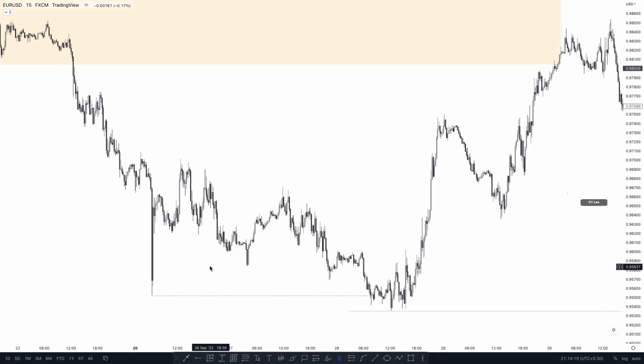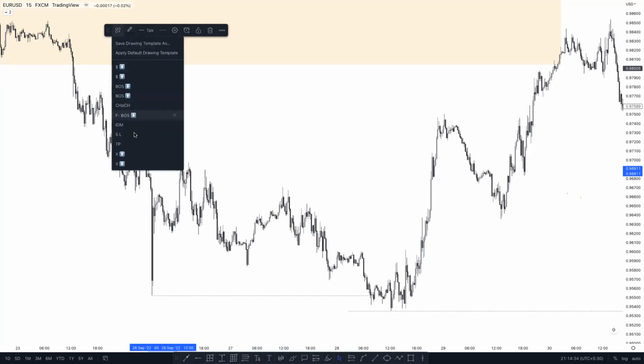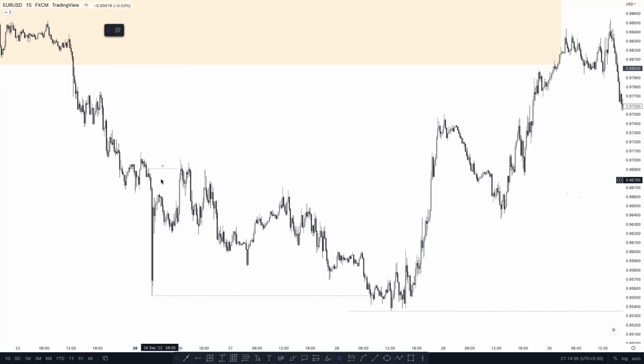So this one is our previous low, and you can see below this, this line, this was our inducement, here, right? So what happened here? The market took out the inducement. After taking out the inducement, what happened here? The market confirmed the lower low, here, right? So this one is our lower low.